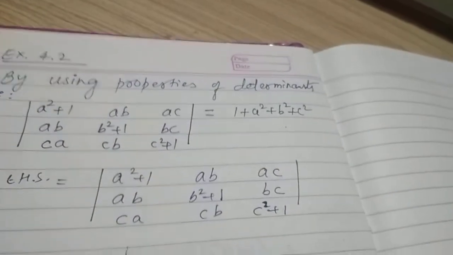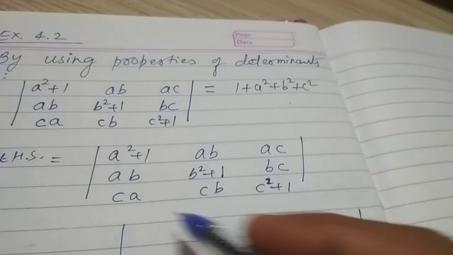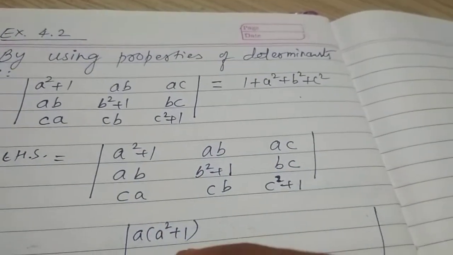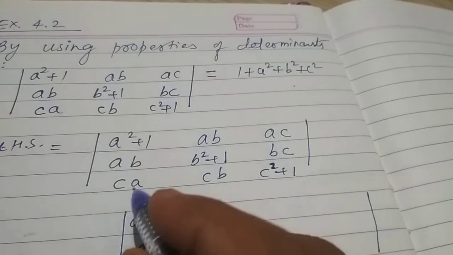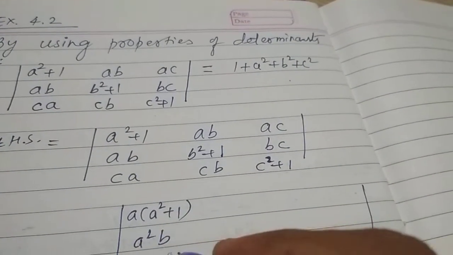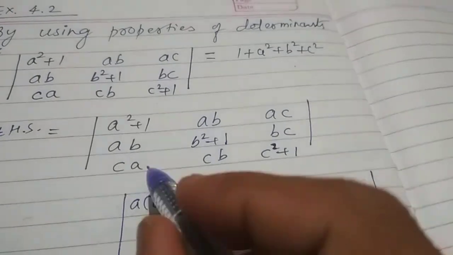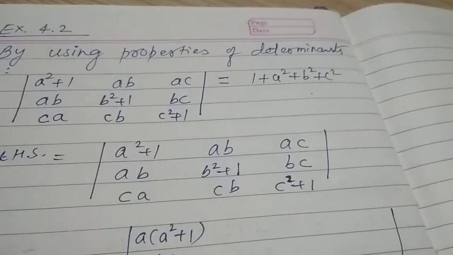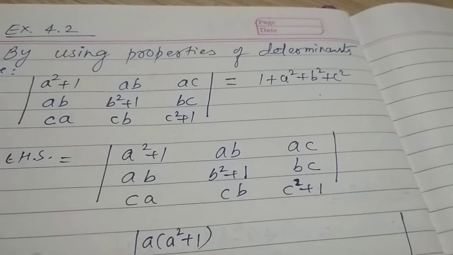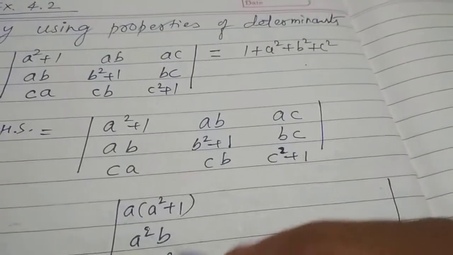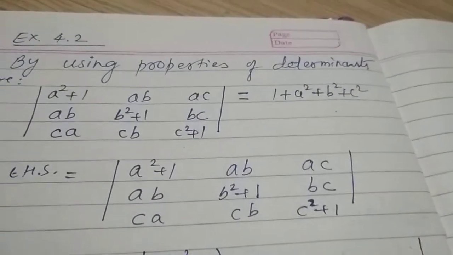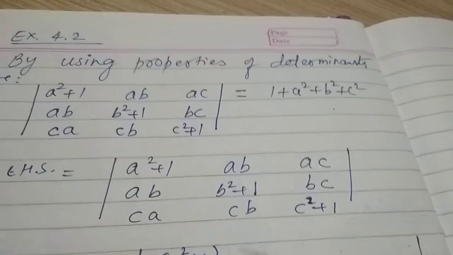Okay, so suppose I am multiplying the first column by a only, so a into a square plus 1, here will be a square b, here will be ca square, without disturbing the arrangement of terms. I am not writing ca as ac, I am writing it ca only, and I am putting a square in the same placement. So I will divide outside by a.